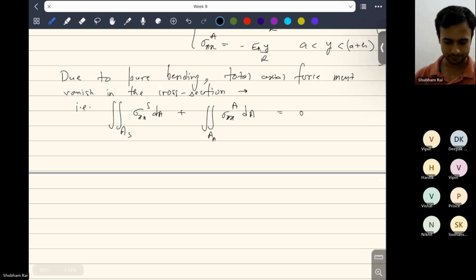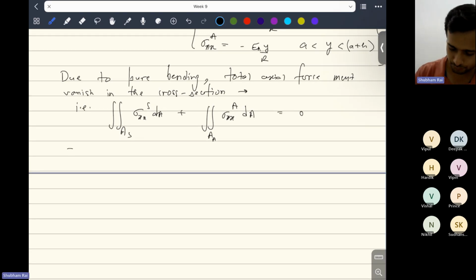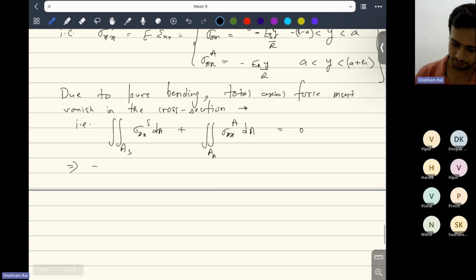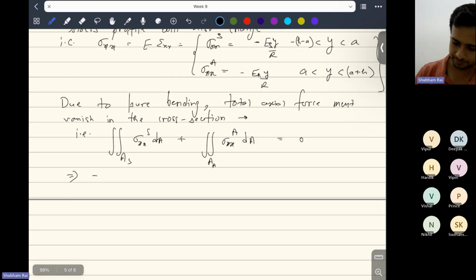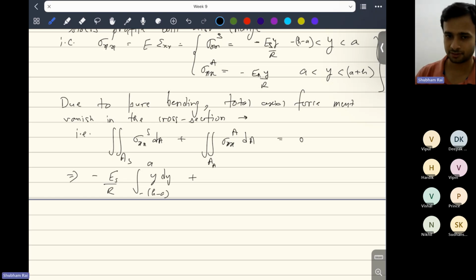And this will lead to, let's put the expression for sigma xx in steel and sigma xx in aluminium. We put Es by r, and you're going from minus of h minus a to a, and here you have y dy. I'm assuming that I have the unit width of the beam. The width is unit, that's why I've taken one. I mean integral of dz is one.